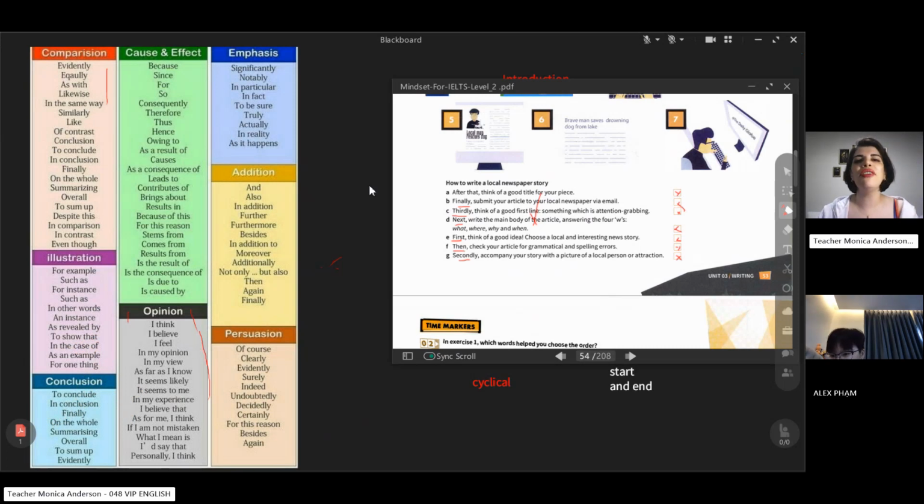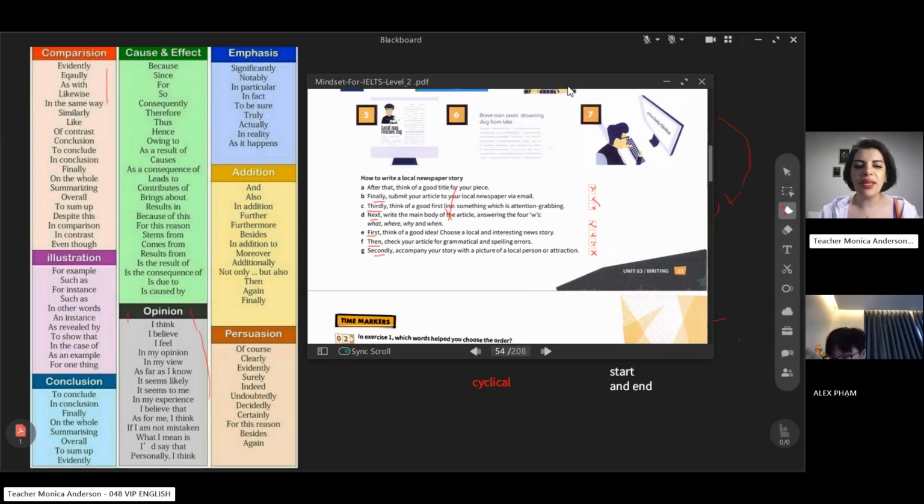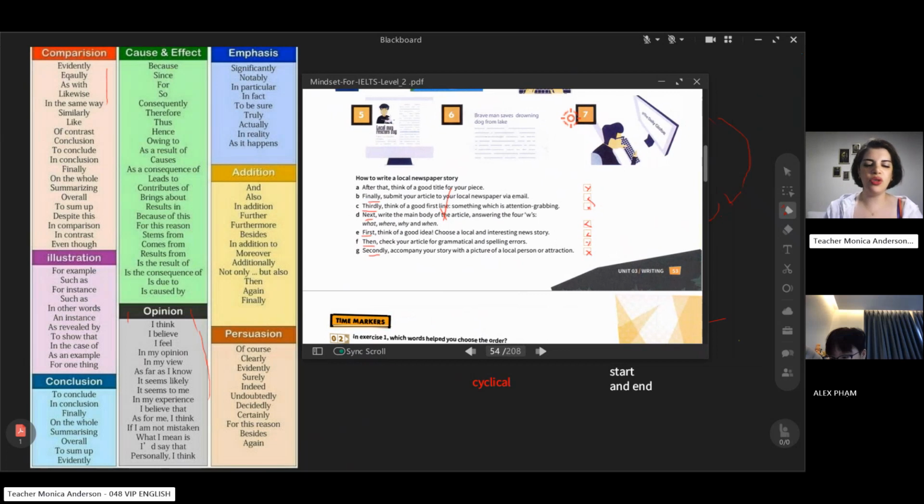So there are different sequencers. Here they are, the type of sequencer: first, second, thirdly, after that. We have different types. Let me just wait a moment to show you something else.